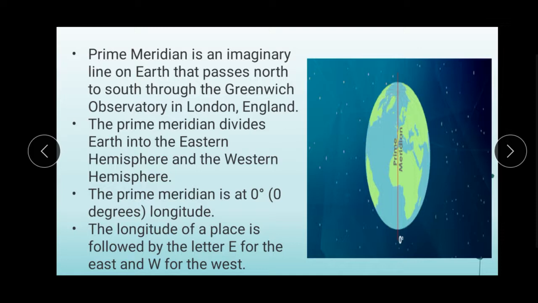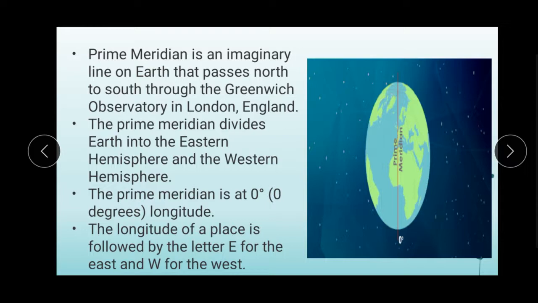Shall we revise these points once again? First, what is the prime meridian? It's an imaginary line that passes from North Pole to South Pole, and it passes through one place, Greenwich Observatory in London. Next, the prime meridian divides the earth into two equal halves, the Eastern Hemisphere and the Western Hemisphere.